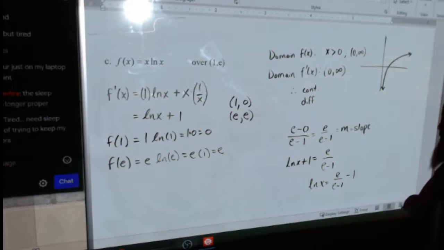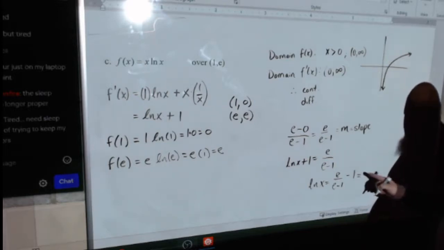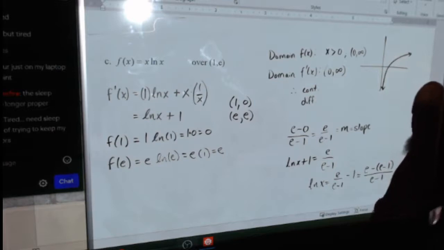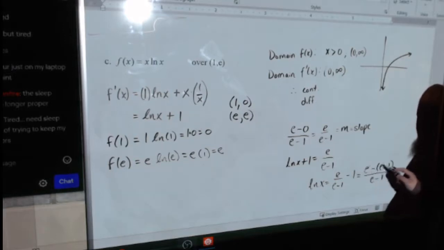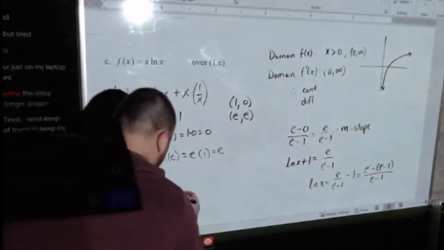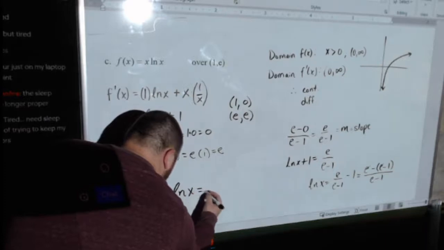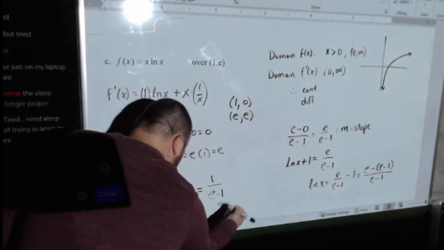Let's see if we might be able to simplify this first. So this is going to be e minus an (e minus 1) all over e minus 1. These e's would cancel, and we would have natural log of x is equal to 1 over e minus 1.